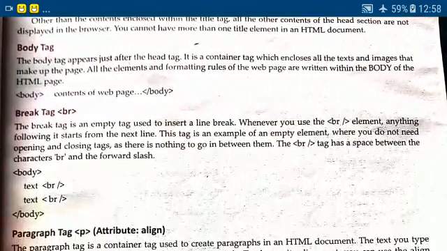This is not a container tag, so there is no opening and closing tag. This is an empty tag, only a starting tag is there. As there is nothing to go in between them, how do we write it? The BR tag with a slash and close has a space between the characters BR and the forward slash.